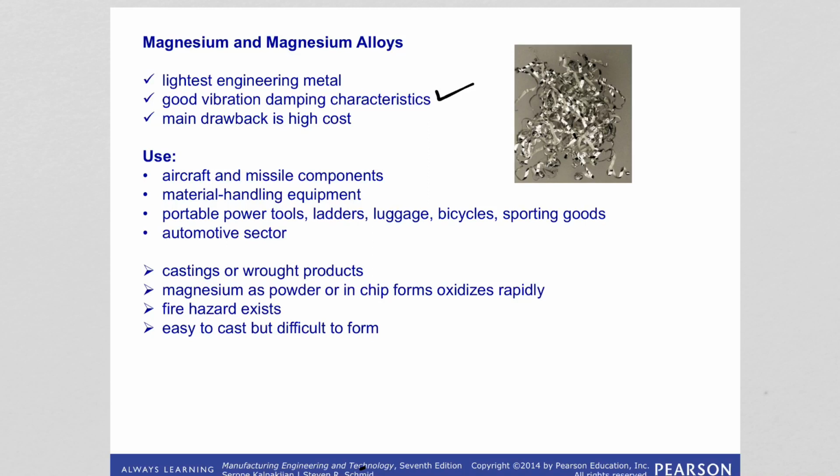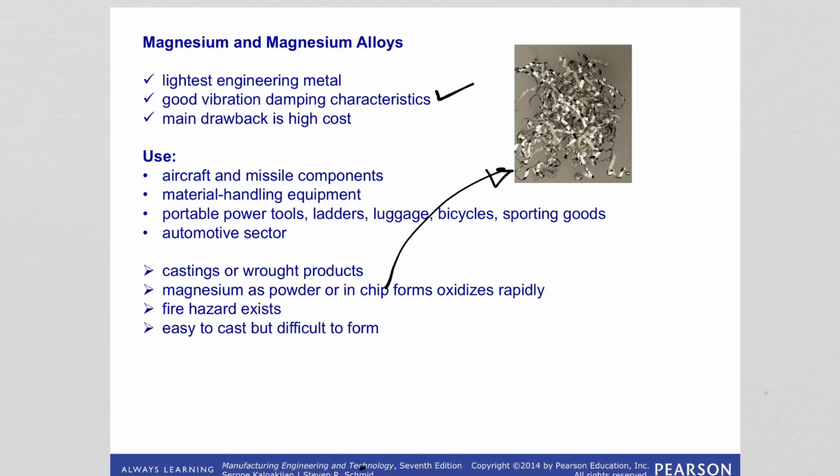The important thing here is that magnesium in powder or chip form, like the image of chips we are seeing, obtained after machining, oxidizes rapidly and creates a fire hazard. So machining them comes with difficulties. Easy to cast but difficult to form because of this danger.